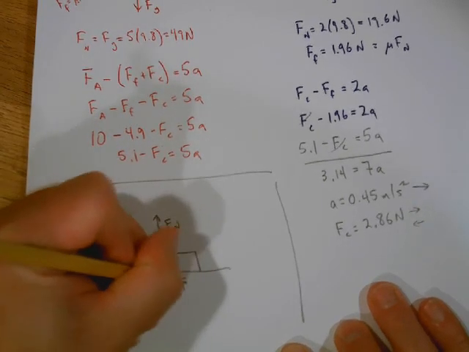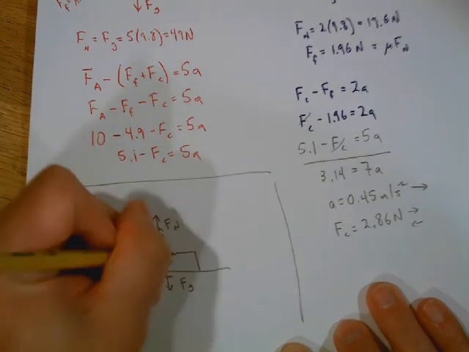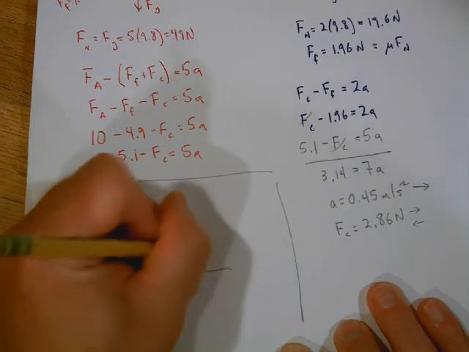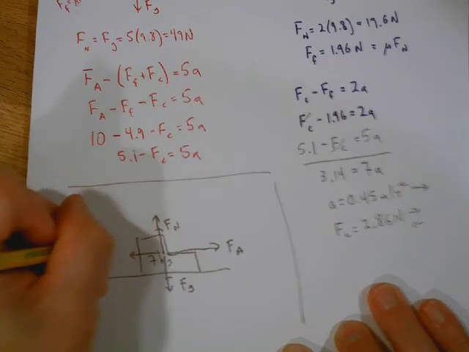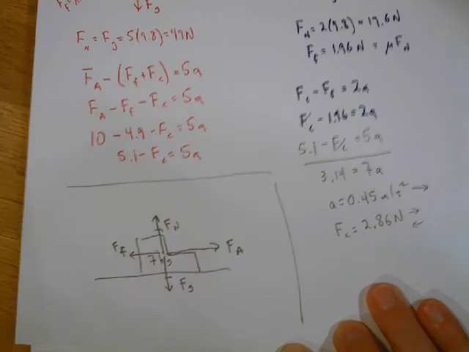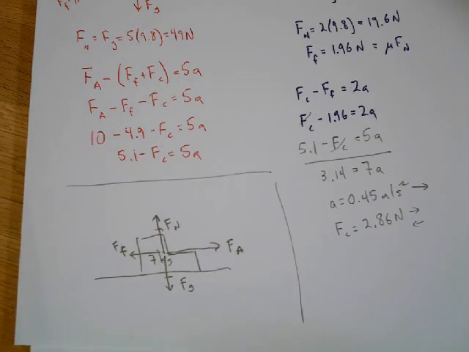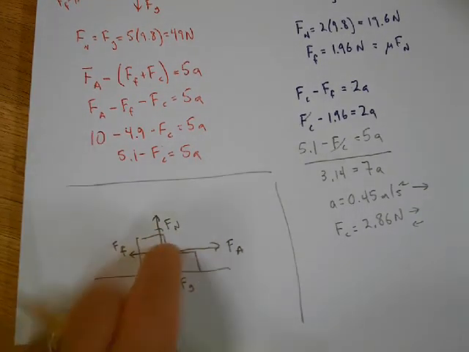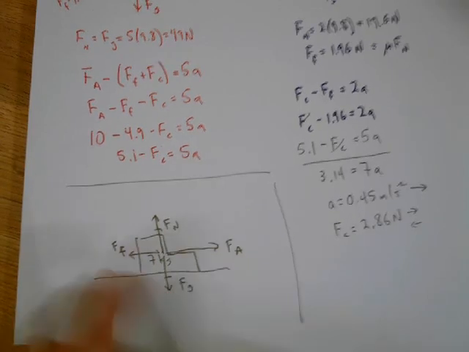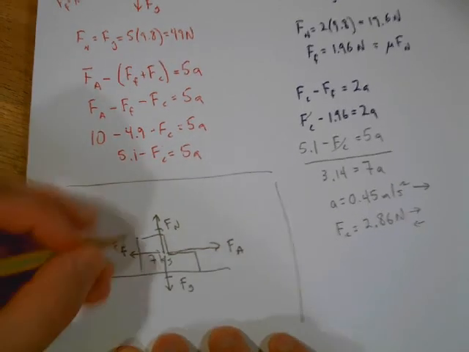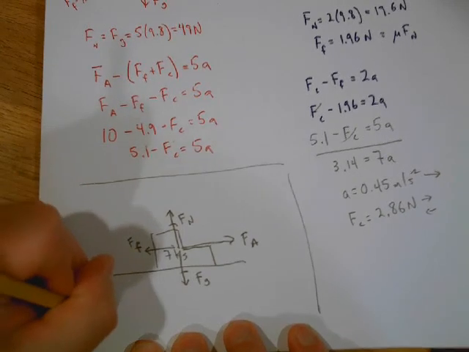And then I would have the normal force and the force of gravity. And yes, those two forces would cancel. On my 7 kilogram blob, I have my applied force and then my force of friction. Now, why am I not putting the contact force? Because that's an internal force. Remember, you only draw the outside forces acting on your object, which are these.